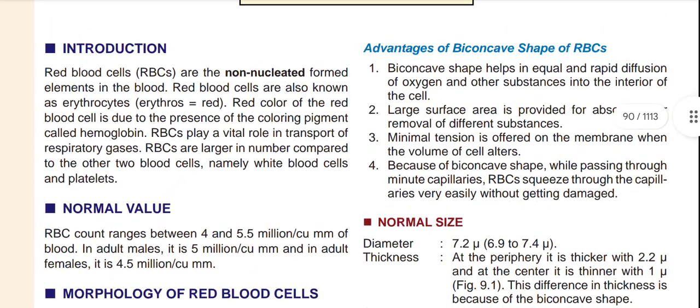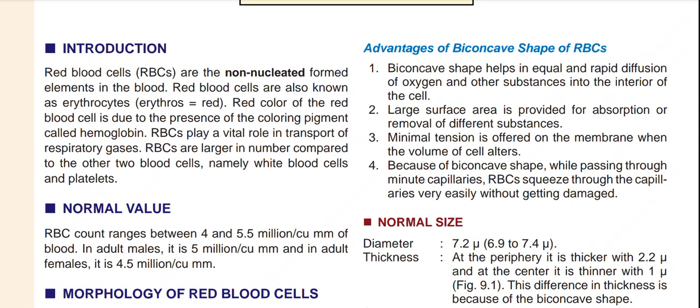This biconcave shape helps in equal and rapid diffusion of oxygen and other substances into the interior of the cell, and it also provides a larger surface area which helps in more absorption and removal of different substances.